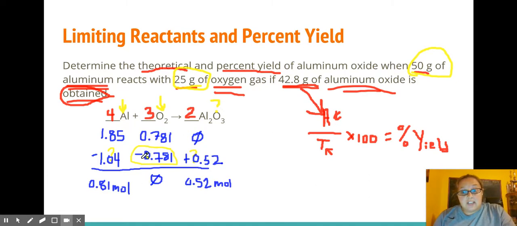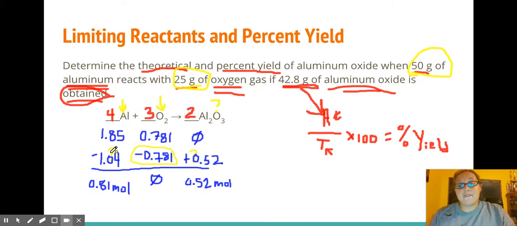If I were to give you 0.781 moles and I told you to transfer that to moles of aluminum, what you would do is you would set up a dimensional analysis. You would say 0.781 moles. You would do a mole to mole ratio, which is 3 to 4. So you would divide by 3, so you have moles of oxygen going away, and then you would multiply by 4 moles to get into aluminum.